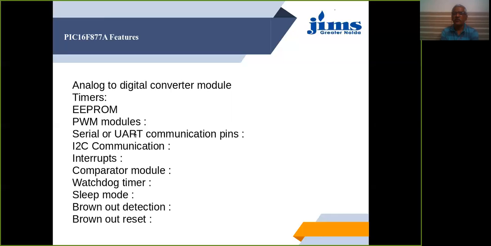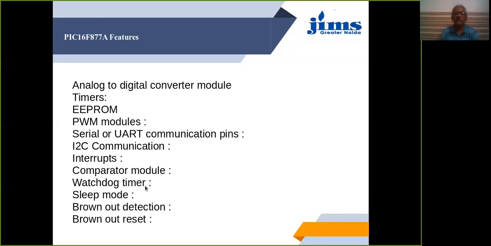Then you have UART communication. Serial communication can be performed over the serial lines. Then you have the SPI communication control. Then you have the I2C communication control for operating on slow speed devices. Then you have the interrupts. There are 8 different sources of interrupts.